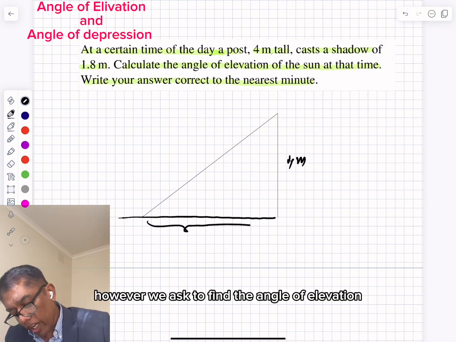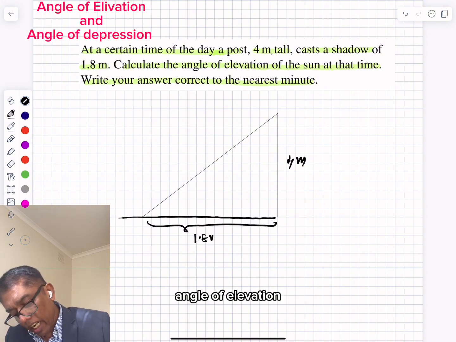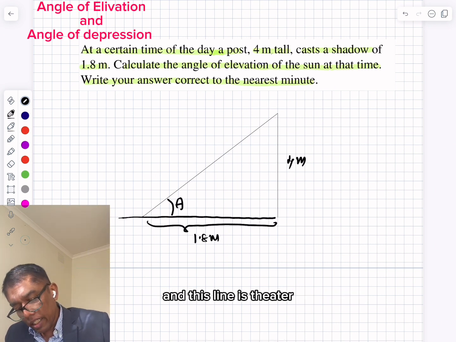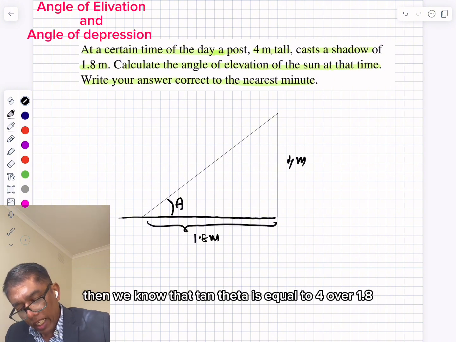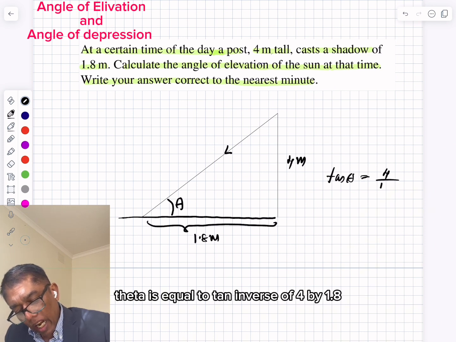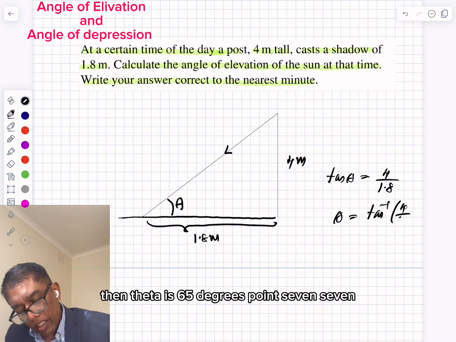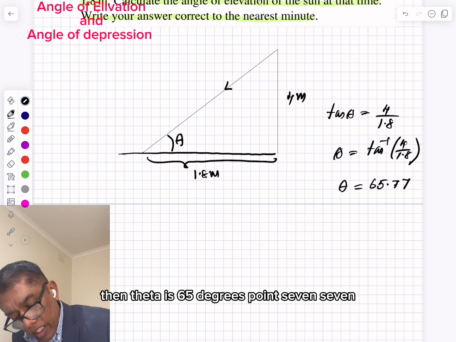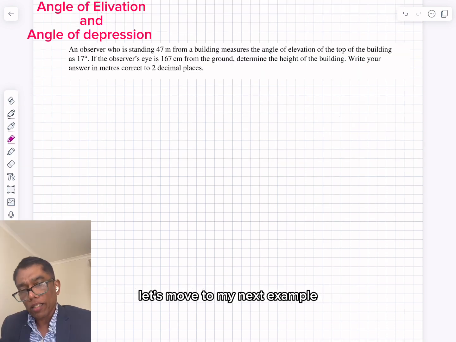However, we are asked to find the angular elevation, the angle in between the horizontal direction and this line, which is theta. Then we know that tan theta is equal to 4 over 1.8. Theta is equal to tan inverse of 4 over 1.8. Then theta is 65 degrees 0.77 minutes. Let's move to my next example.